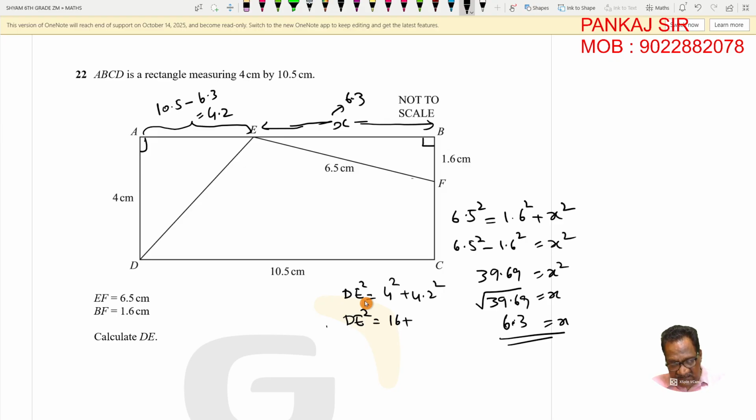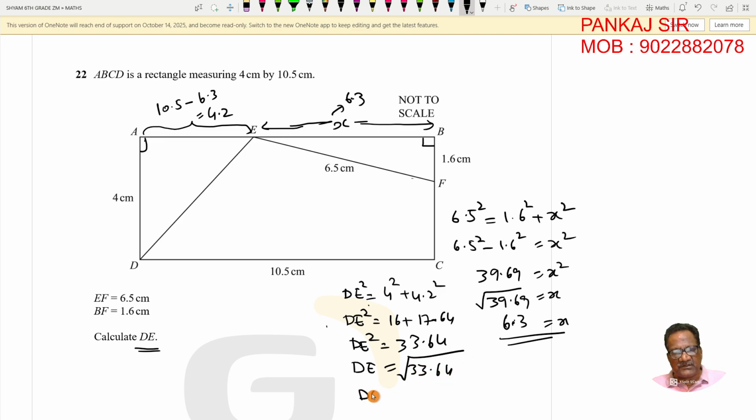It is 17.64. Okay. So my DE squared will be equal to 17.64 plus 16, which gives me 33.64. We want DE, so DE will be just the square root of this 33.64.